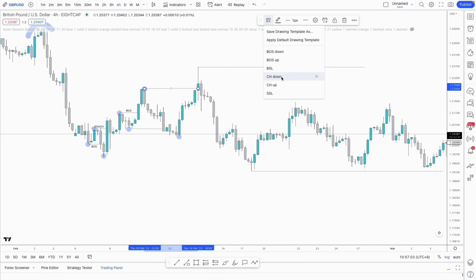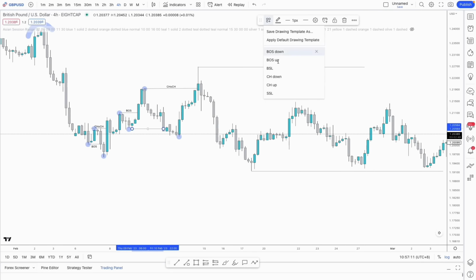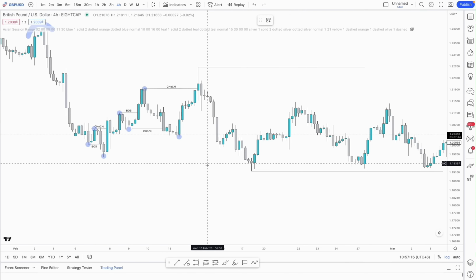And that confirms pretty much everything. So we only had a change of character down, and now we've had another change of character up. So at this point, you just really want to be reacting to the market, and there is no clear bias as it stands until we get some more confirmation. Allow the market to show more of its hand, and it does.